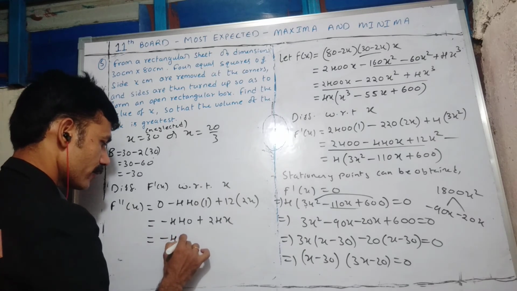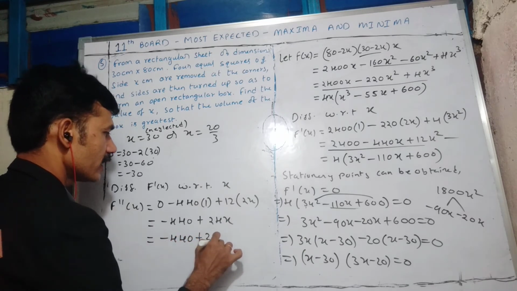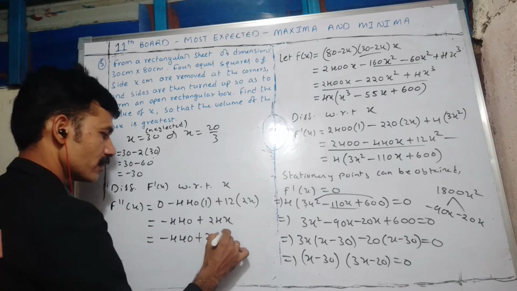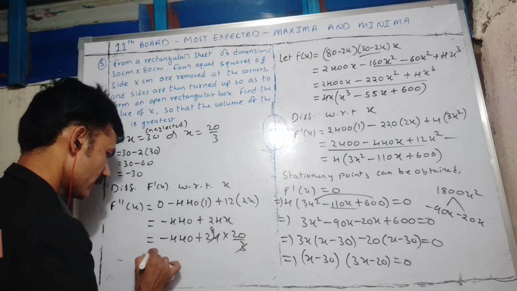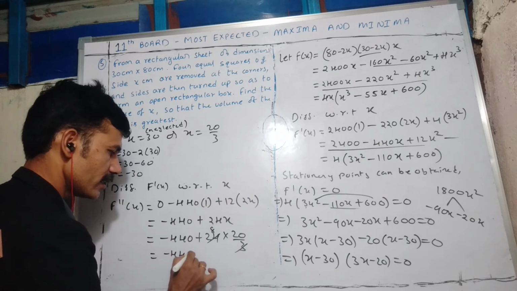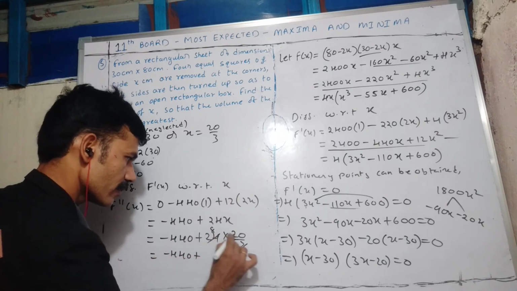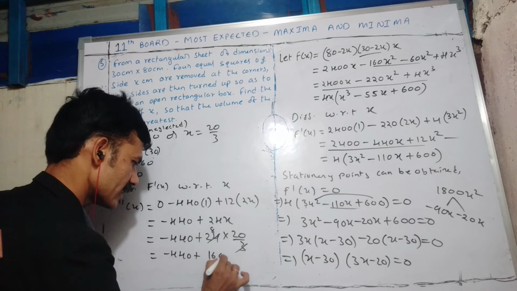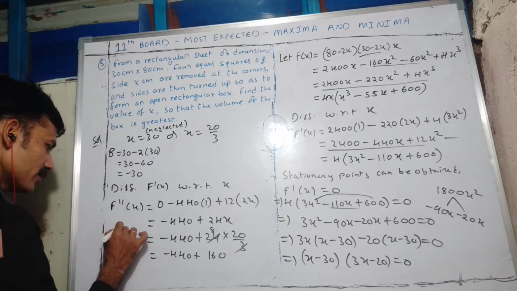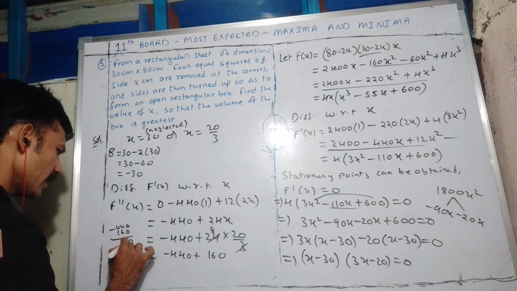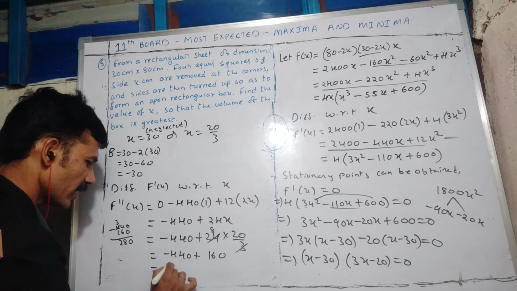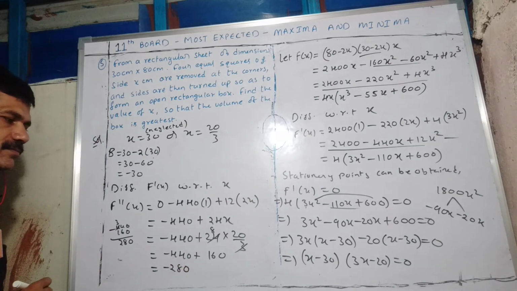We already found x = 20/3, so we substitute: 3 ones are 3, 8 threes are 24 over 3 gives 8, so minus 440 plus 160. Minus 440 plus 160 means we subtract, and this will be minus 280.